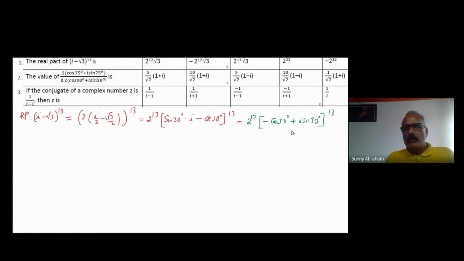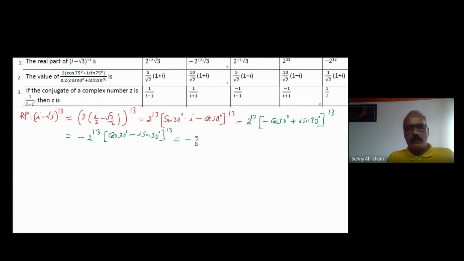Take minus sign outside and apply de Moivre's theorem. So it becomes minus 2 raised to 13 into (cos of 30 degree minus iota sine of 30 degree), the whole raised to 13. What is de Moivre's theorem? (Cos theta plus or minus iota sine theta), the whole raised to n, is cos n theta plus or minus iota sine n theta.